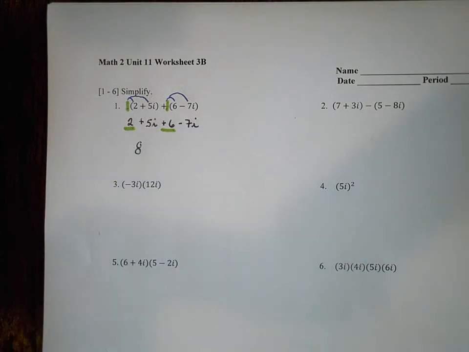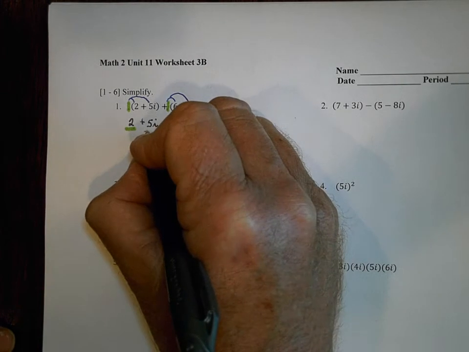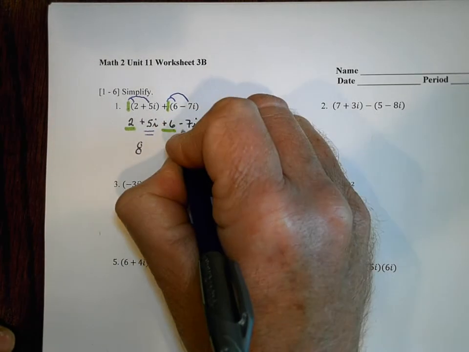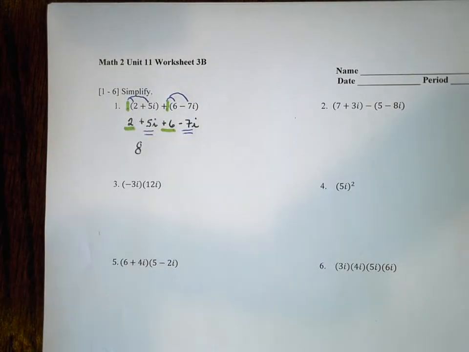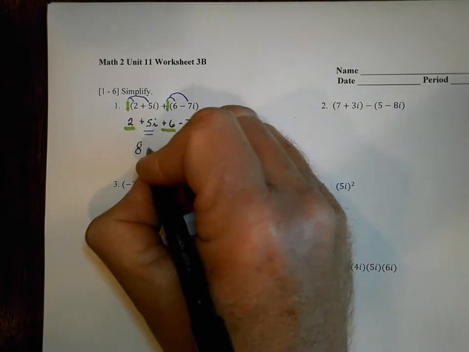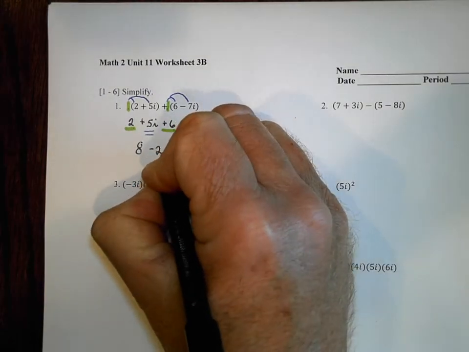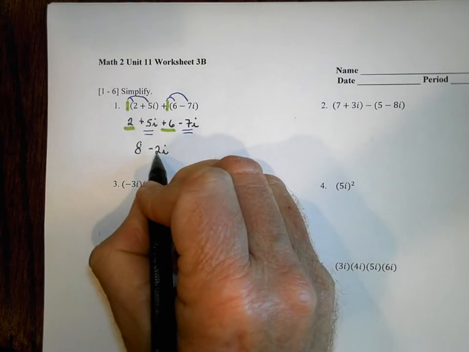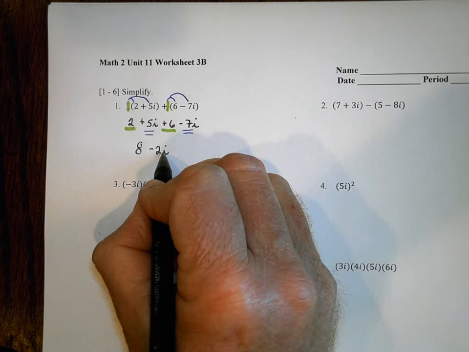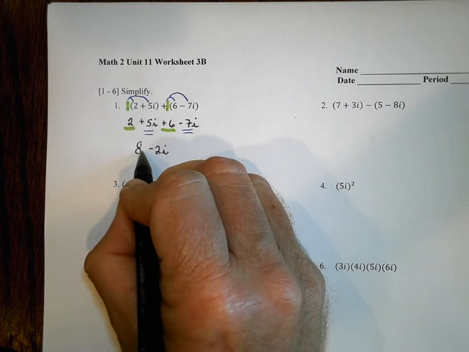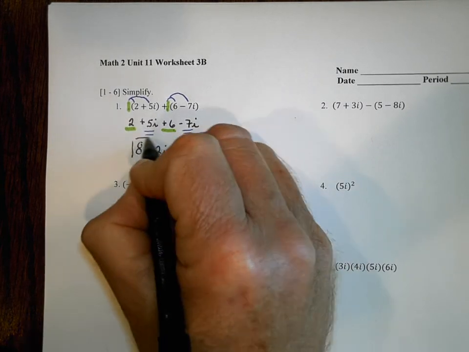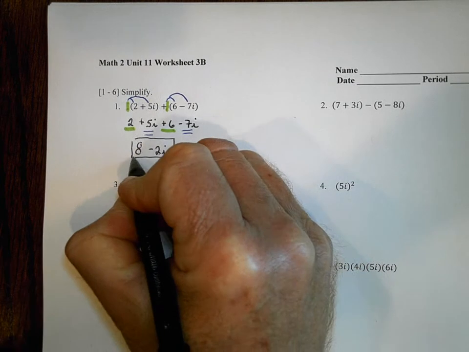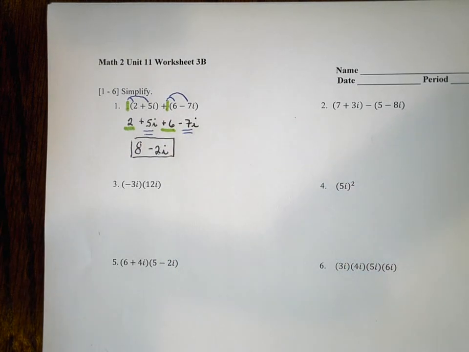Then we're going to go to the positive 5i, and we're going to combine that with the minus 7i. Those are like terms, and that combines to make negative 2i. Okay, now you cannot combine the 2i with the 8 because this 8 does not have an i. So number 1 answer is 8 minus 2i.